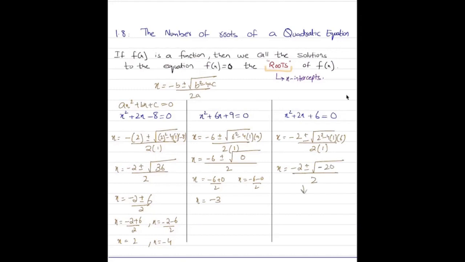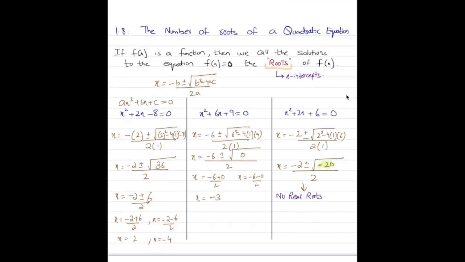No. What's the reason this equation cannot be solved? Because in the square root, you have a negative number. So this equation will not have any real roots, meaning there are no x-intercepts.